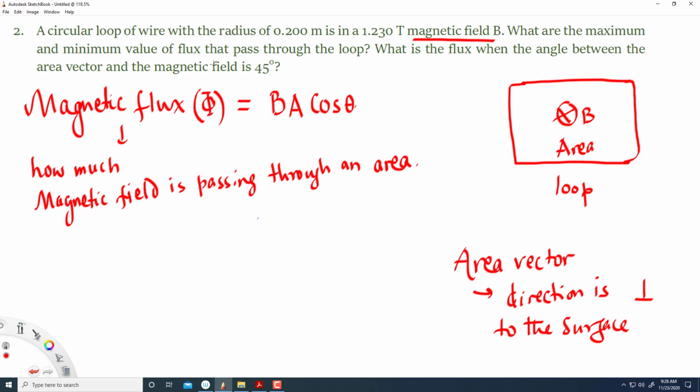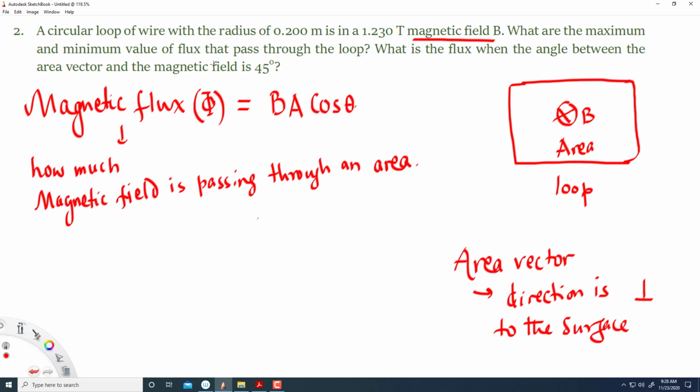Now when I orient this in a different way, I change the angle between B and A. There's less number of lines passing through this. It's missing the bottom line and the top line. If I further change the angle, less number of lines, and then zero lines. When I orient like this, there are no magnetic lines going through the face.